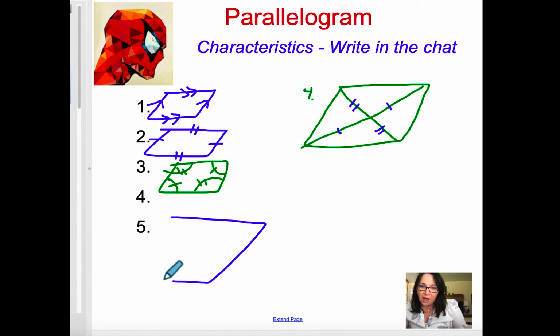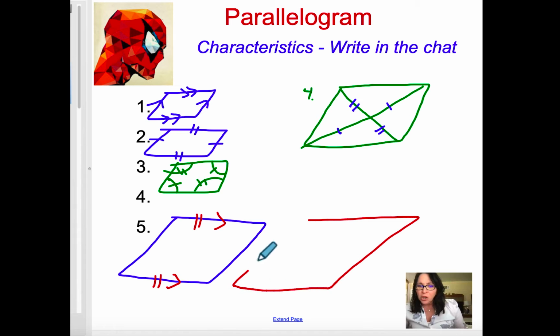And for number 5, the last characteristic of a parallelogram is that one pair of opposite sides are both congruent and parallel. So that means that it's a parallelogram. This quadrilateral is a parallelogram if this pair of opposite sides are parallel and the same pair are congruent.